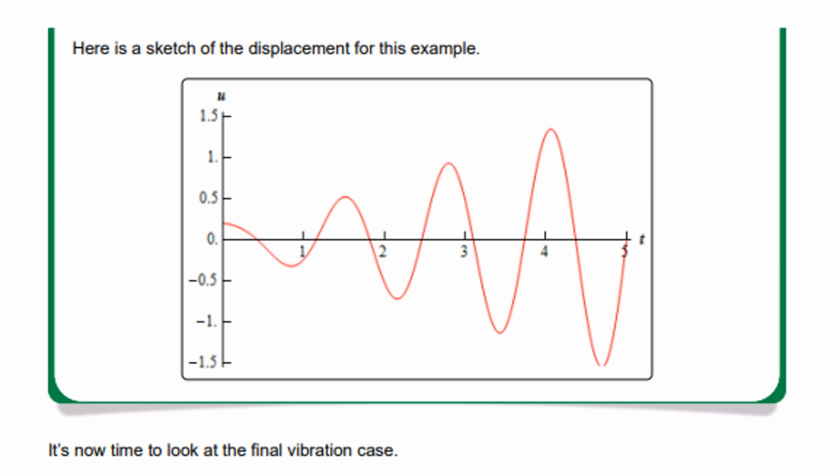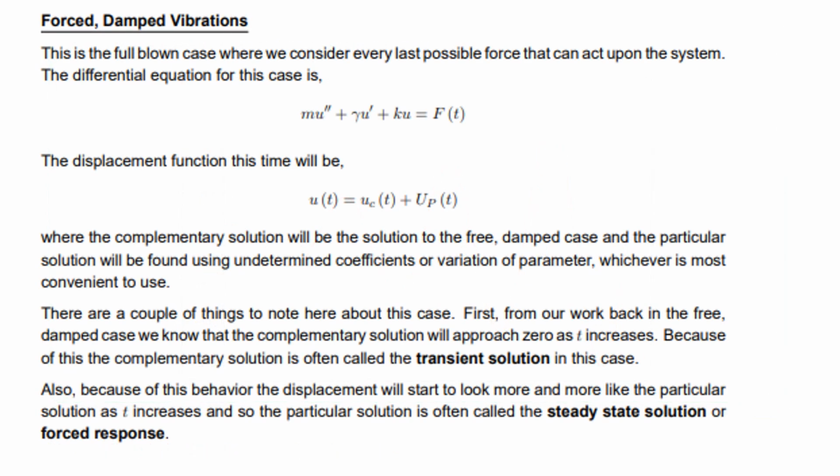Let's look at one final vibration case. And we've got everything in here, so this is going to be m u double prime plus we have damping mu prime plus k, there's the spring constant, u, and we have an external forcing function. There are a couple things that we know: the complementary solution will approach 0 as t increases.